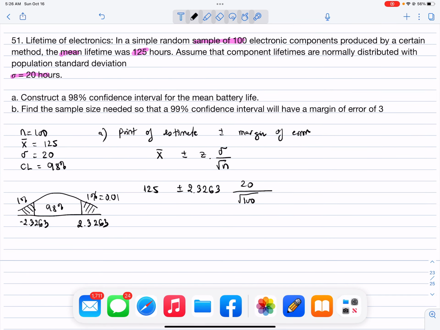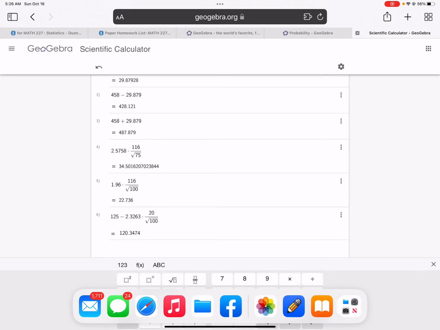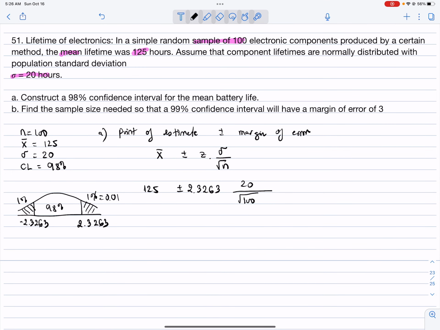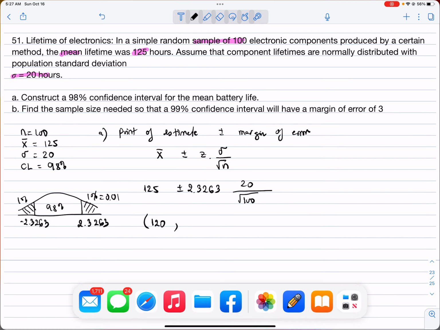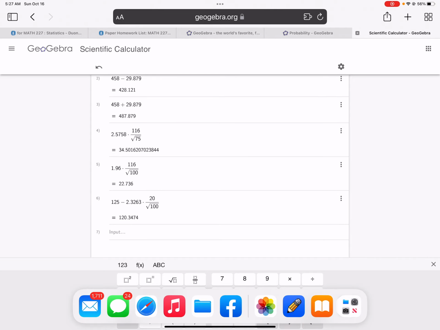Sorry, I have it wrong. So 125 is X bar, and the sigma is only 20. It's not 125. So I got the answer is 120.34.